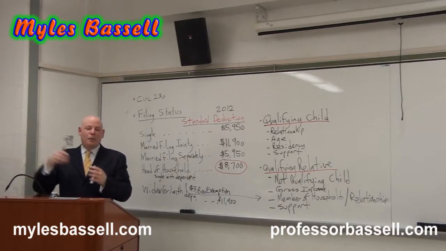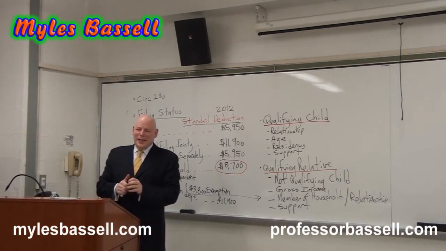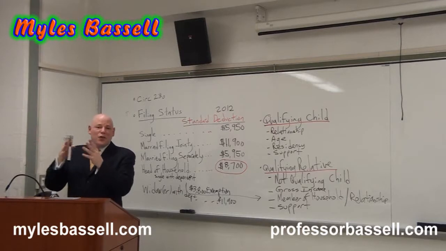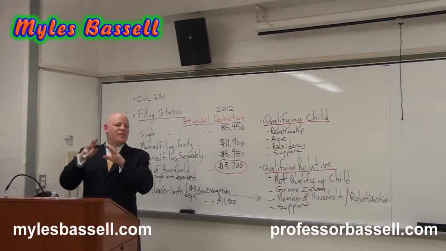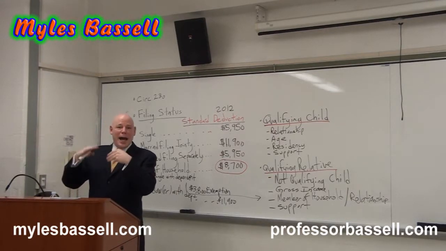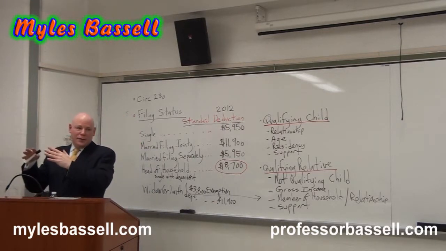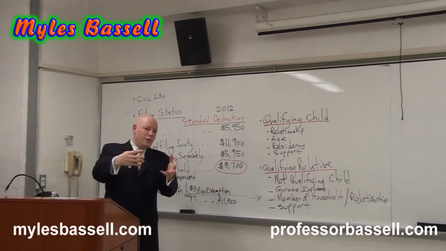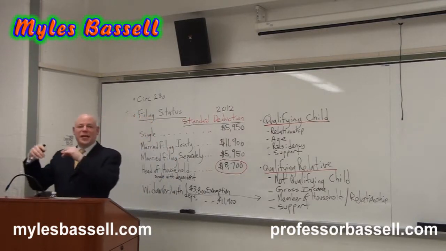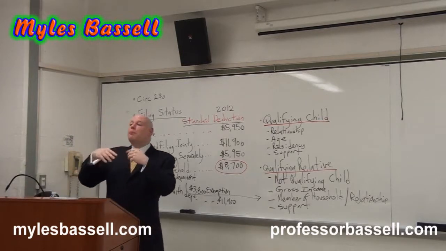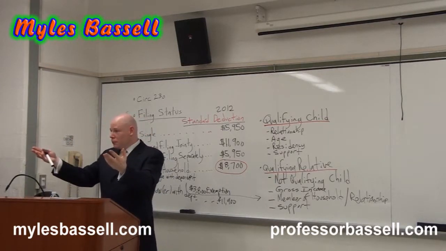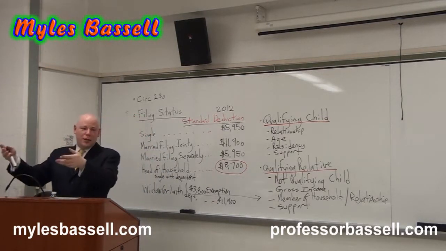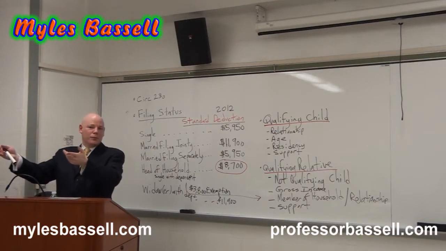So what is the rationale behind it? You may say, well, I don't really get this. But remember what I said before: everything that Congress has in the code has a motivation. There's a reasoning behind it. There's some purpose, some incentive for the taxpayer, or some disincentive, or some political position that Congress is advancing.